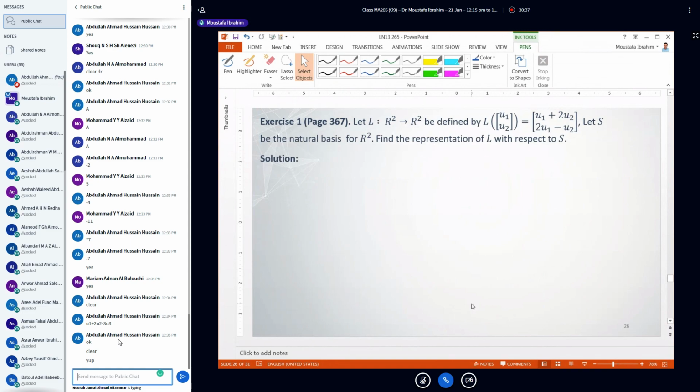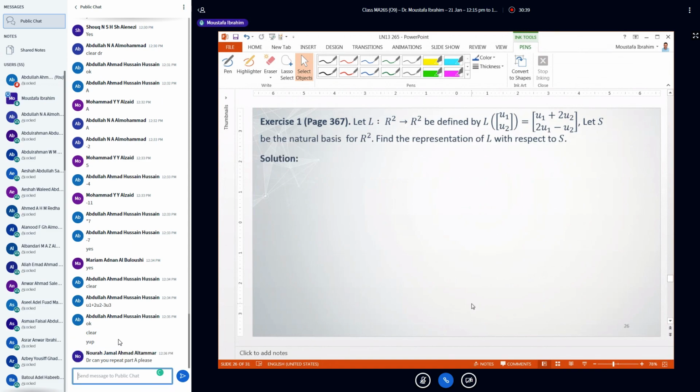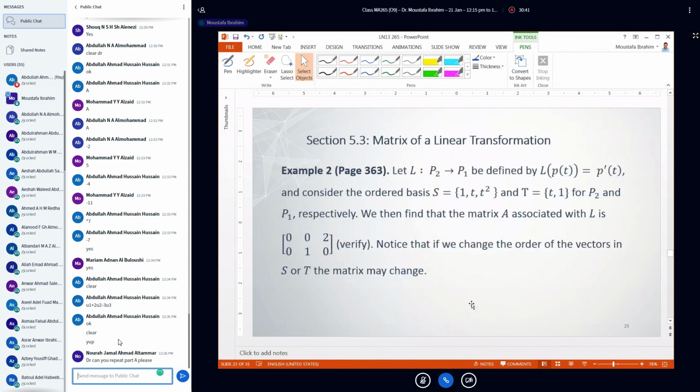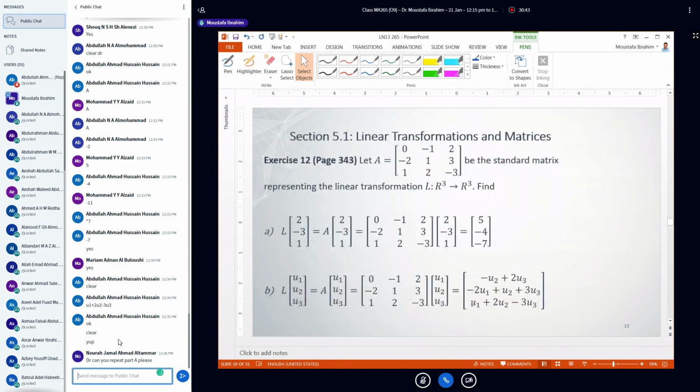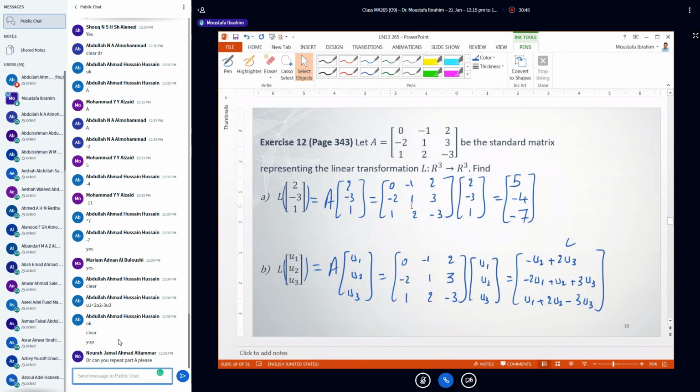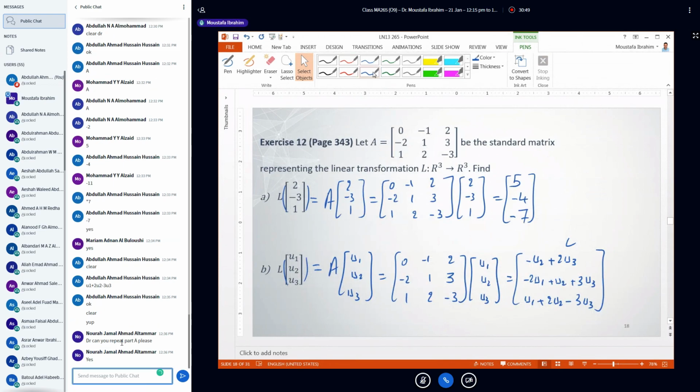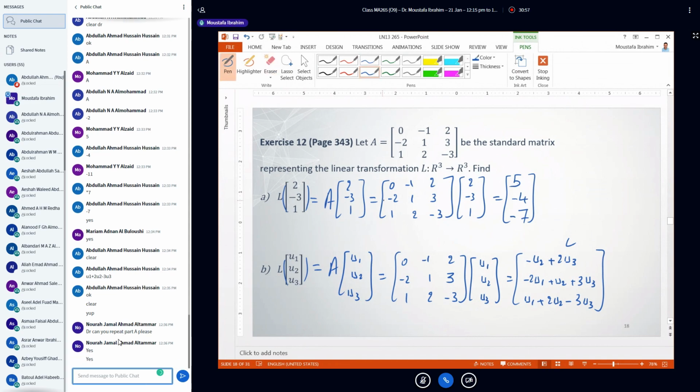Look, guys. What part is A? This one, Nora? Yes, you just take L of u equal to Au. Clear? Definition, always. Now, you take the matrix, multiply the vector. This is chapter 2, even chapter 1. You multiply row by column.